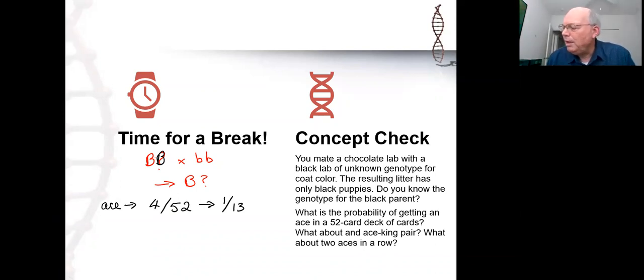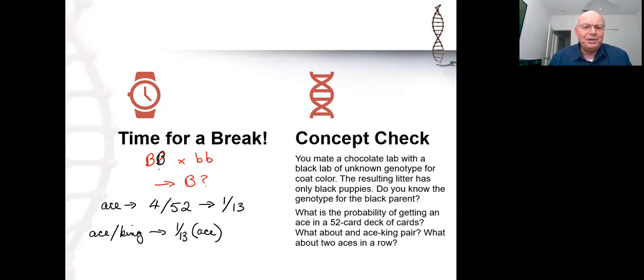Now, if you have an ace and a king pair, well, getting an ace, we already know, is 1 out of 13. And how many kings are there in the deck? There are 4. So the king would also be 1 out of 13.